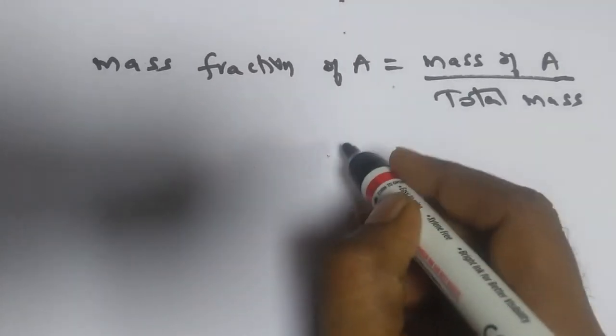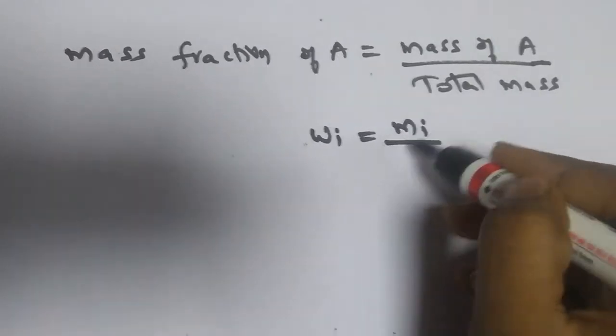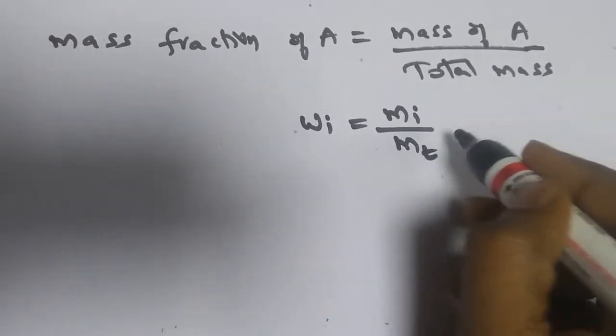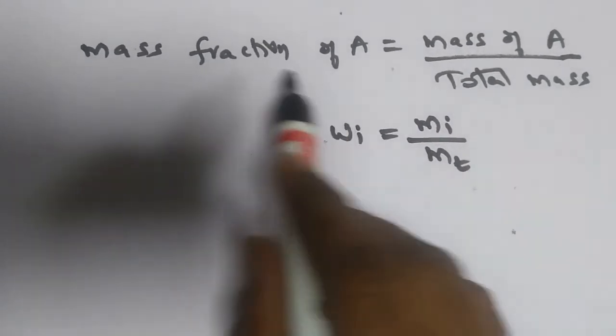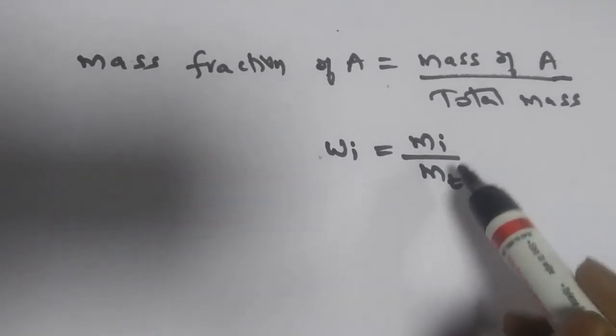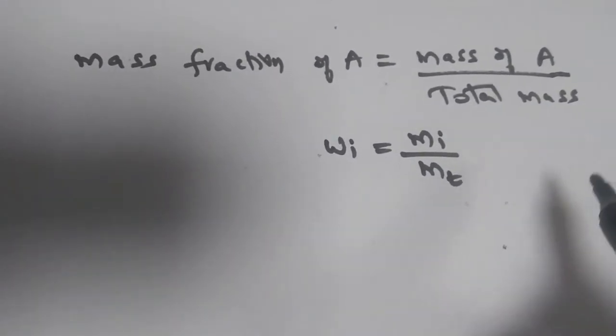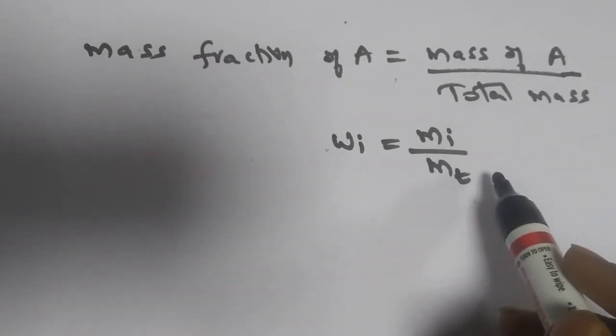Okay, so we can say Wi is equal to Mi divided by M total, where Wi is the mass fraction. If Wi is the mass fraction of A, then it is mass of A divided by mass total. For any ith component, Wi equals Mi by M total.